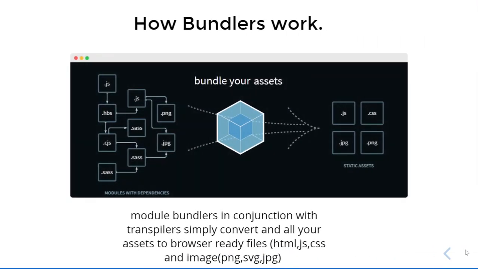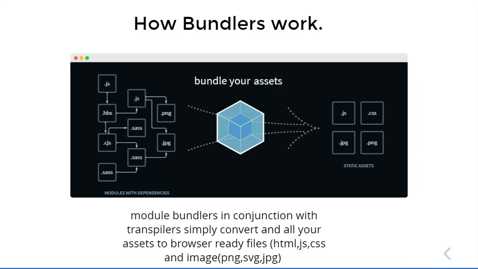So how do bundlers work? I think I've been explaining it from the beginning. They simply take your files, your JS files, your TypeScript files, your Sass, your Less, your JPEGs, anything, as long as you want to use it in your project.